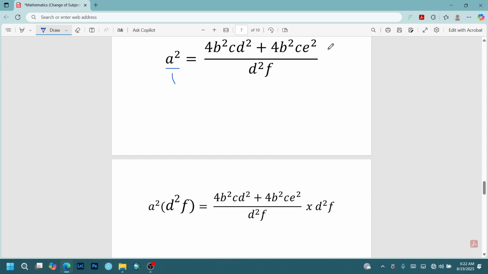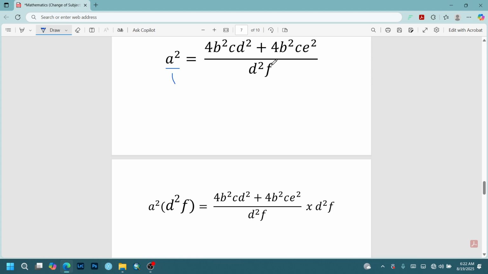The LCM is d square f because 1 multiplying d square f gives d square f, so d square f can enter 1 and 1 can also enter d square f, making d square f the LCM of the equation. So these are the two ways you can do it: cross multiplication or multiplying through by the LCM, and you arrive at the same answer.